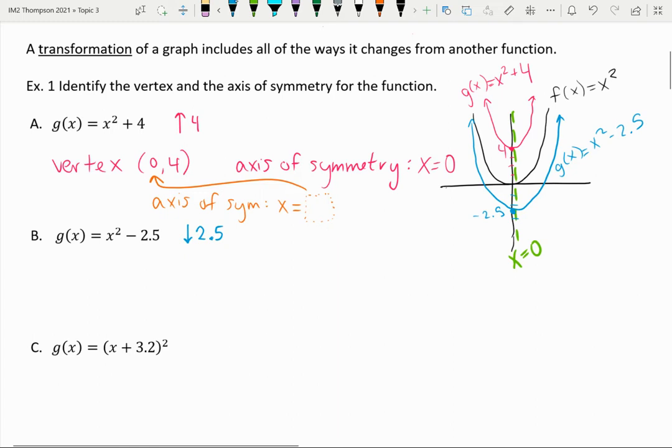Okay, so when I shift this whole thing down 2.5, now this new vertex here, remember vertex is always x, y, so I go left or right 0, and then I go down 2.5, so I have a negative 2.5.